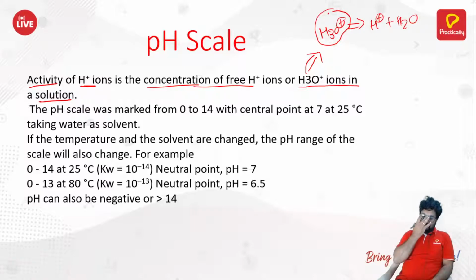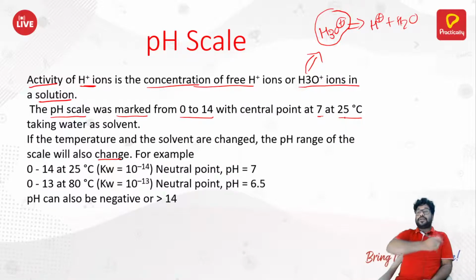Now, again, we are talking about the pH scale, which I have already told you. The pH scale was marked from 0 to 14 at 25 degrees Celsius, taking water as a solvent. If the temperature of the solvent is changed, the pH range of the scale will also change. But generally your pH scale is between 0 and 14, with the central point at 7.